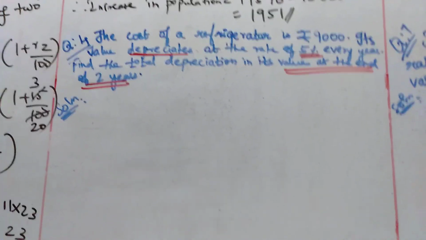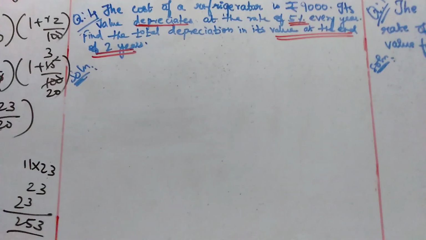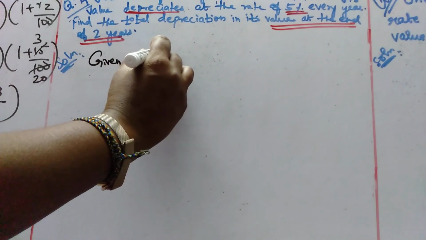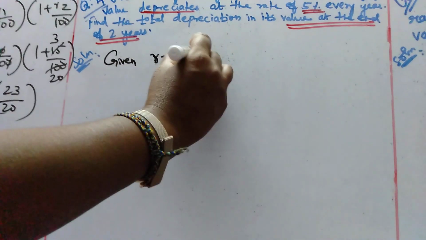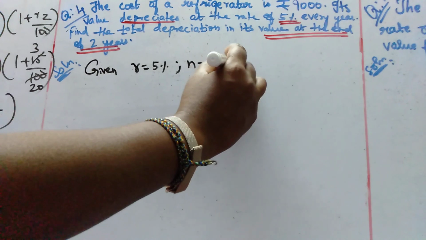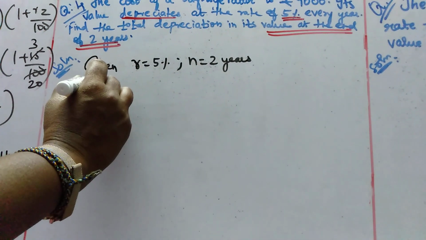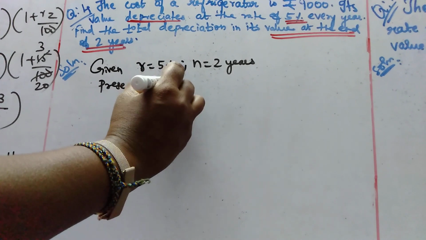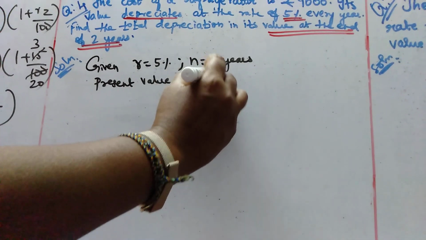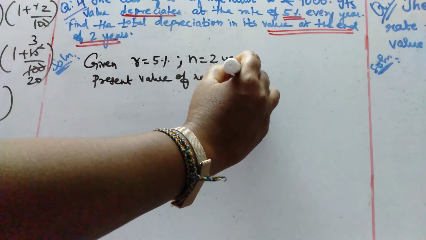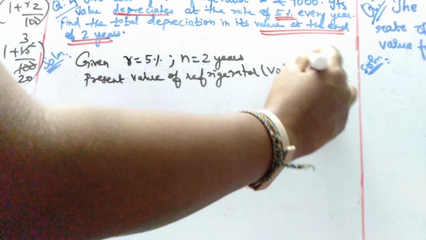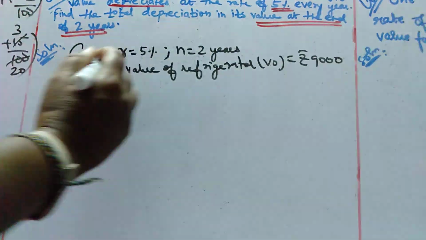So what we want to write here is given R is equal to 5%, N is equal to 2 years, present value of refrigerator, that is V0 equal to rupees 9,000.